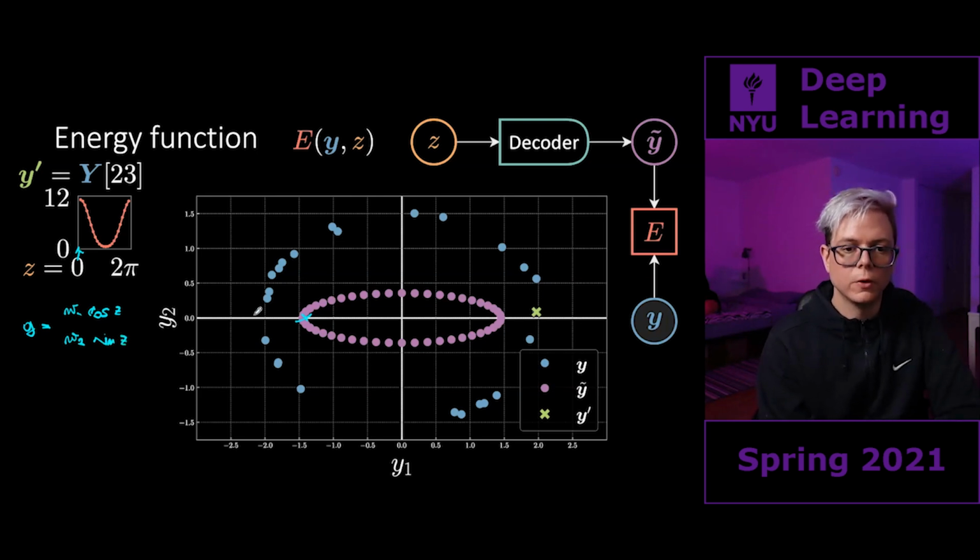Cool. So at the beginning, what is the energy here? The energy, we said, is the squared Euclidean distance between my y sample, this guy over here, and my y tilde. And my y tilde is at the beginning when I pick z equals 0 here. How do I know I'm starting over here?